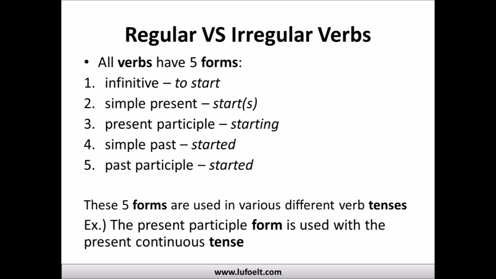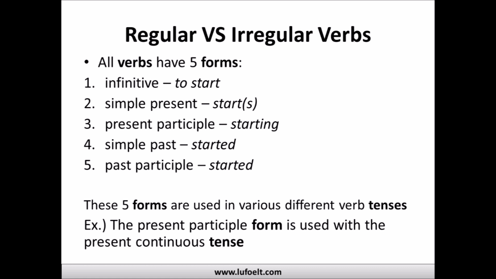These 5 forms are used in various different verb tenses. For example, the present participle form is used with the present continuous tense. So just make sure you understand the difference between form and tense.